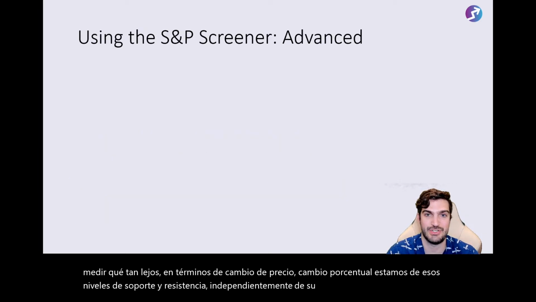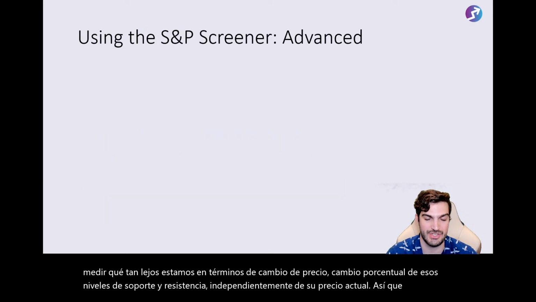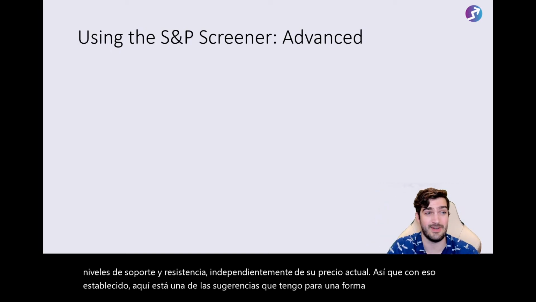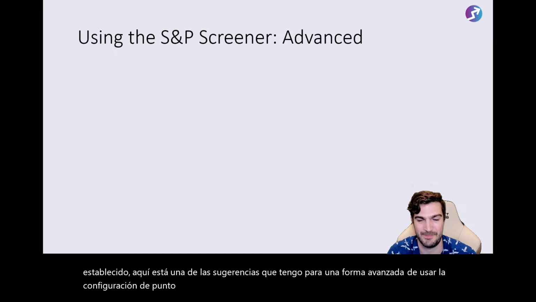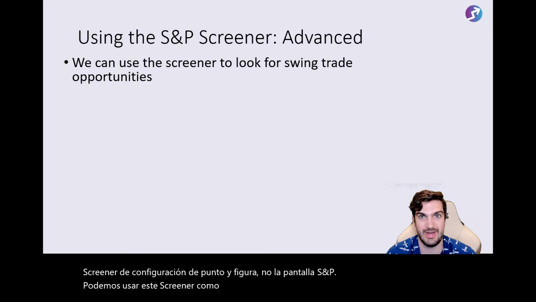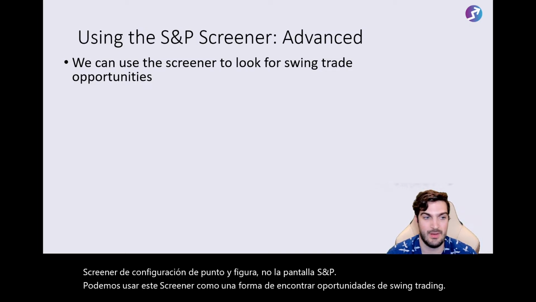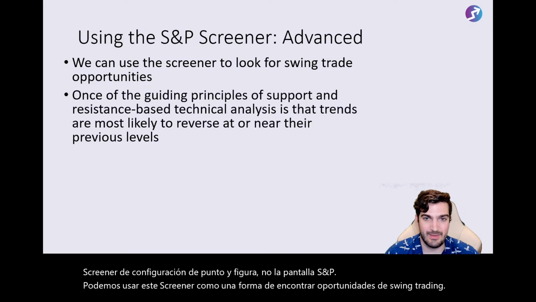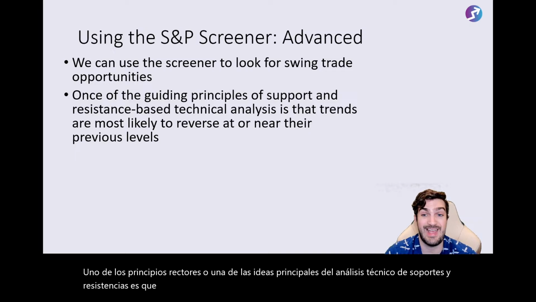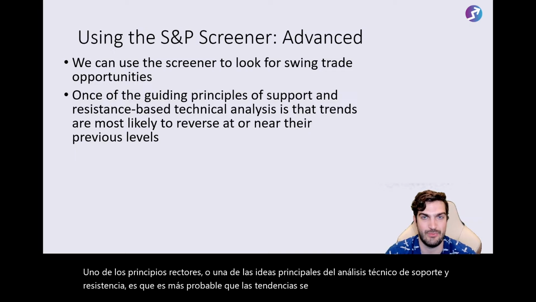So with that established, here is one of the suggestions that I have for an advanced way of using the point and figure setup screener, not the S&P screener. We can use this screener as a way of finding swing trading opportunities. One of the main ideas of support and resistance technical analysis is that trends are most likely to reverse at or near their previous levels.